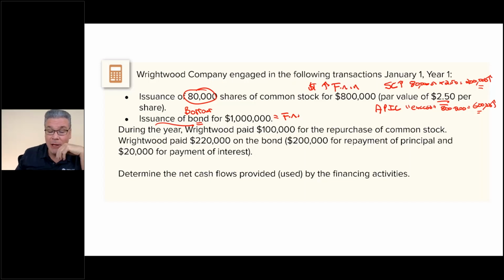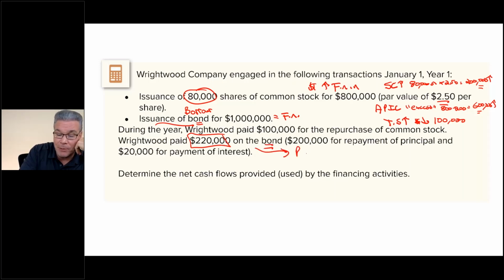During the year, we paid 100,000 for the repurchase of our own stock. Treasury stock up, cash down. How much did we pay for that stock? $100,000 on the stock we repurchased. Then they tell me we paid 220 on the bond.